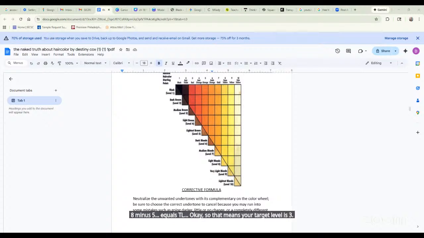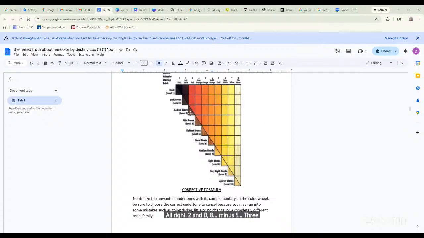All right. So let's look here. We started with the client being lightest brown. That's where your client is, lightest brown, level 5. They want to go back. They want to go to a light brown, level 4. 2 times D is 8 minus 5, 3.